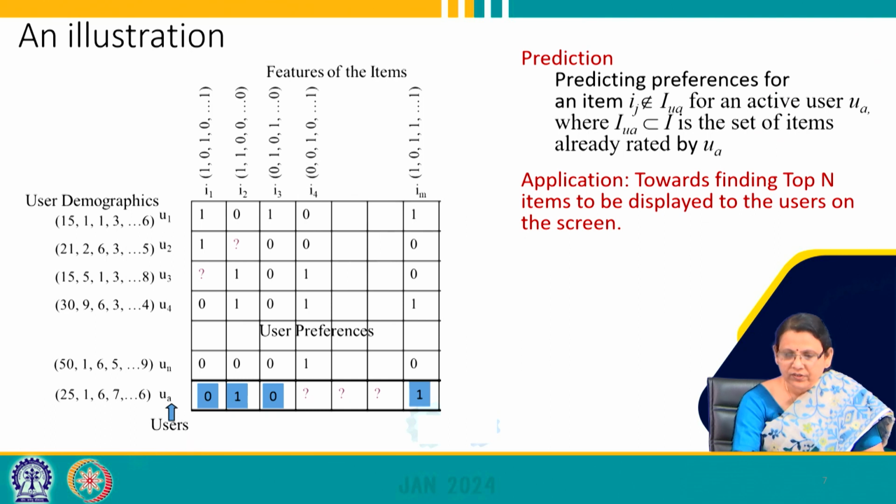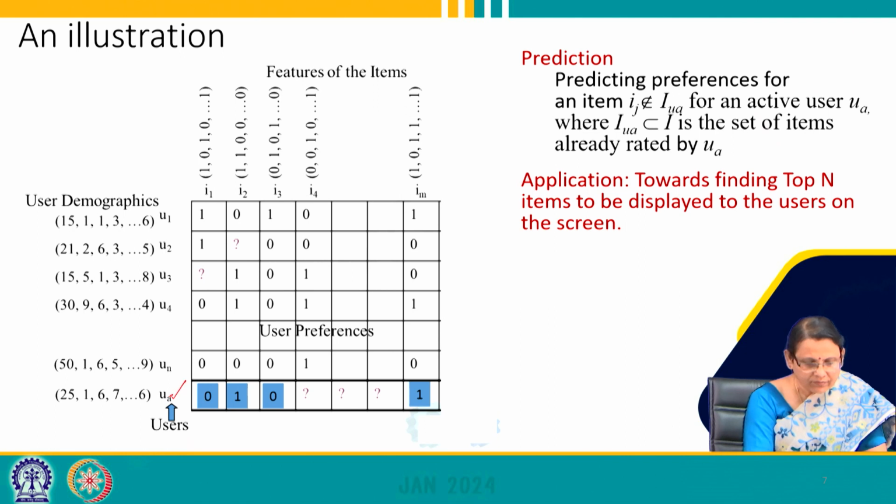Now, look at this. This is a prediction scenario. In this prediction scenario, this is the user A for whom we are trying to predict the rating. This user A has already given ratings to a few of the items. Based on this, we have to give the ratings for these question mark fields. So, how exactly do we do it? There are various ways to do it. One way could be to find the like-minded users who have already given ratings to the items which this user has rated. For example, this user 4 has given ratings in 4 places, of course, here it has not given.